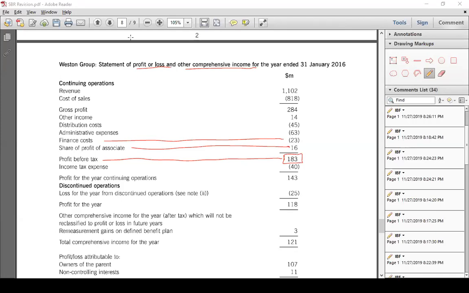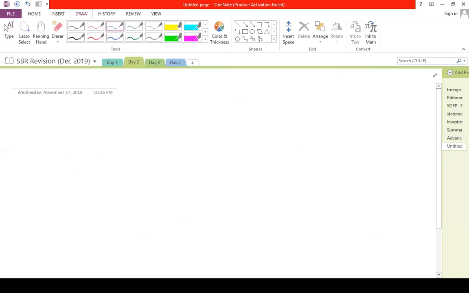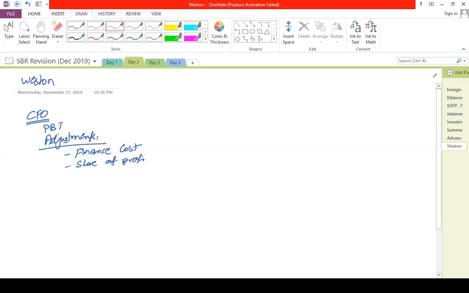So now, if we start to prepare the cash flow statement in the case of Western, we should ideally start from the cash flow from operating activities, write the PBT, the adjustments. In the adjustments, we have seen the finance cost and the share of profit in associate, which we should be adjusting.